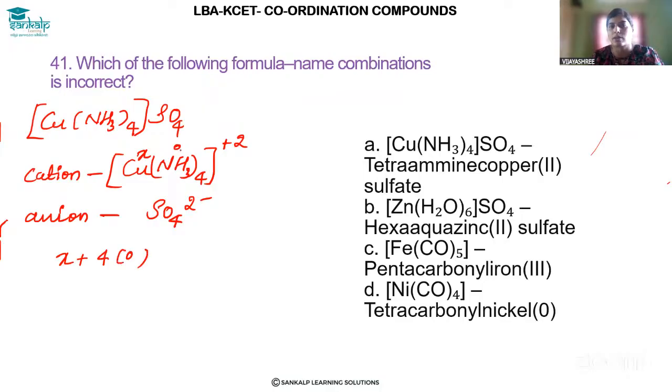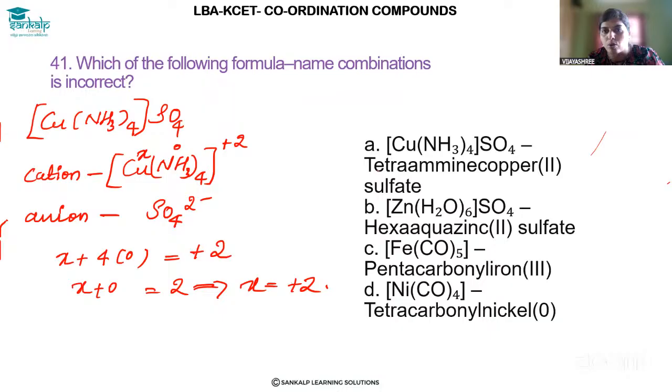Why 0? Because amine is a neutral ligand. We equate this to +2. So X plus 0 is equal to 2, which implies X equals +2. Oxidation state of copper is +2.